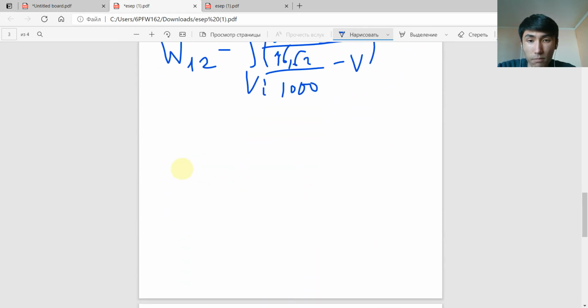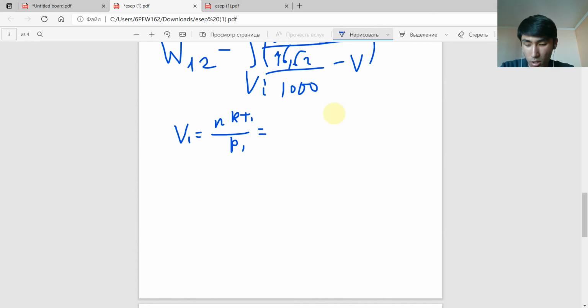So let's find V1. We know that from the ideal gas law, V1 equals nRT1 over P1, right? So all these values are given. Let's write the result of calculation.